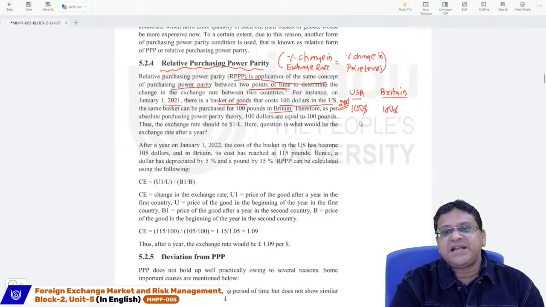So what will be the exchange rate? $100 is equal to £100 means the exchange rate will simply be $1 equal to £1.